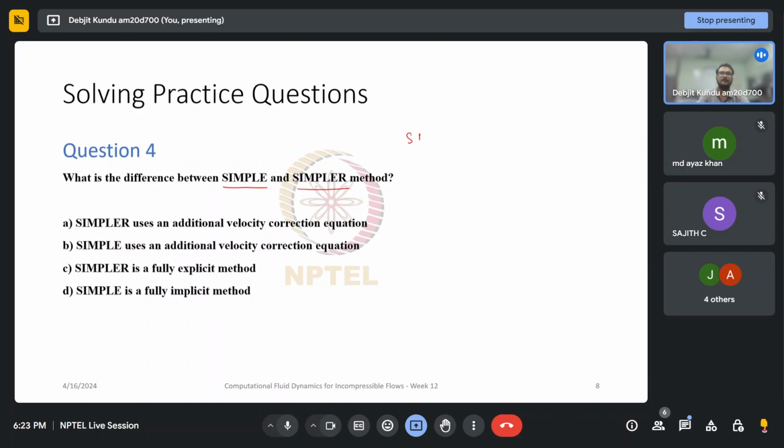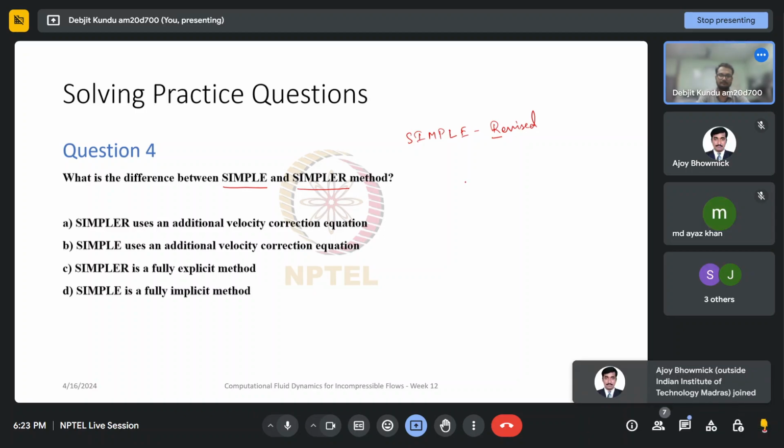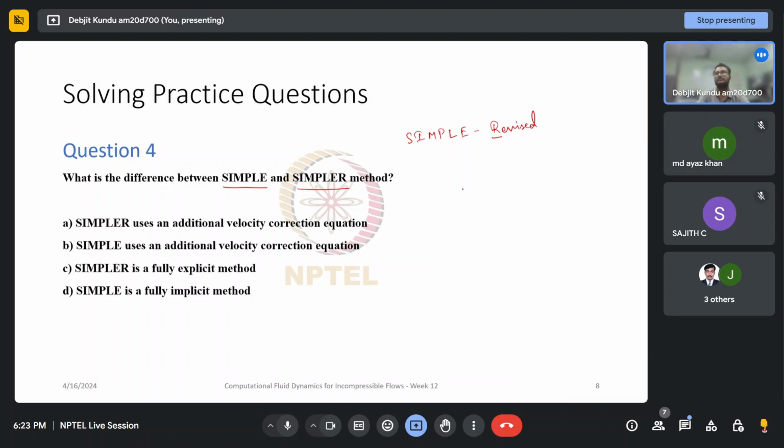So SIMPLER is basically SIMPLE revised. It's the same abbreviation as our earlier one, SIMPLE, revised. That's how it gets its R from. Is it option A, that SIMPLER uses an additional velocity correction equation?